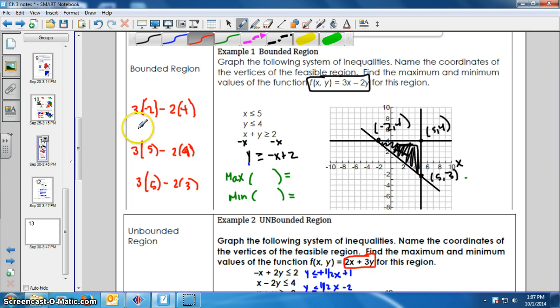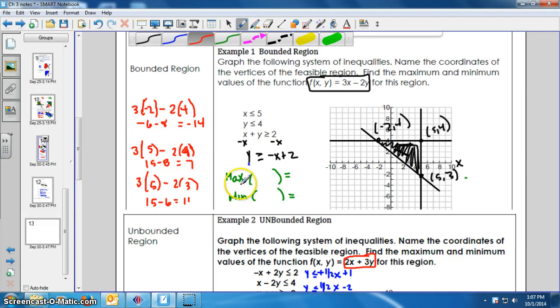It's 4. All right, so we get negative 6 minus 8, which is negative 14. Here we get 15 minus 8, which is 7. And here 15 minus 6, which is 11. All right, let me double check my points here. Negative 2, yep, there we go.